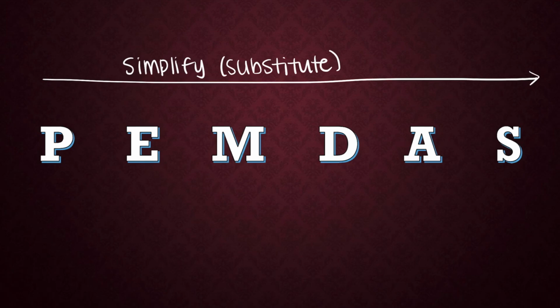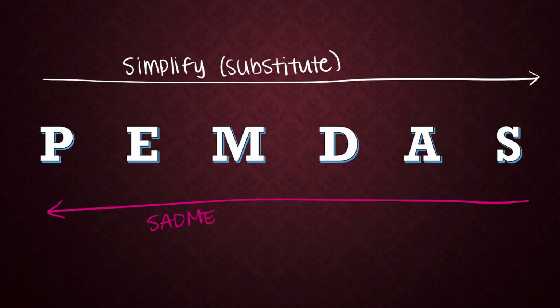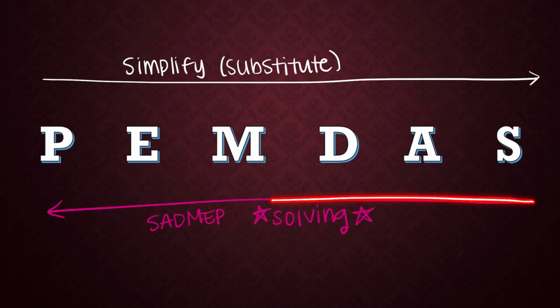But when we're solving, we actually want to go back to what we substituted in, I guess. So we are going to do SADMEP for solving. So whenever we solve, we actually go in the opposite order. We're basically taking away the layers of things that have been applied to x in order to take out the value of x itself.